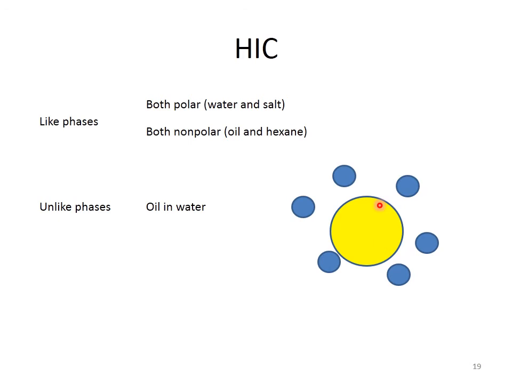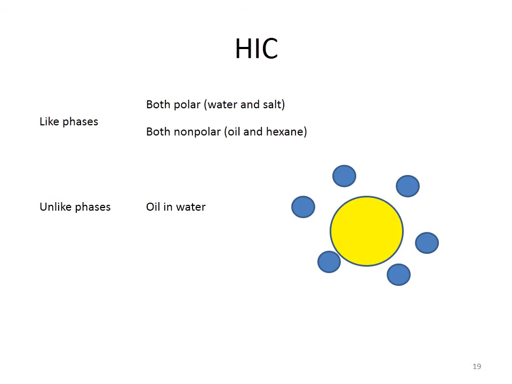That is, interaction is taking place between hydrophobic groups or hydrophobic species, and that interaction is taking place because they are present in an aqueous phase, and the aqueous phase is polar. So when non-polar substances or non-polar groups are present in a polar environment, they will be forced to interact with one another because they are going to be repelled by the polar solvent around them. So this interaction between the non-polar substances is called hydrophobic interaction.